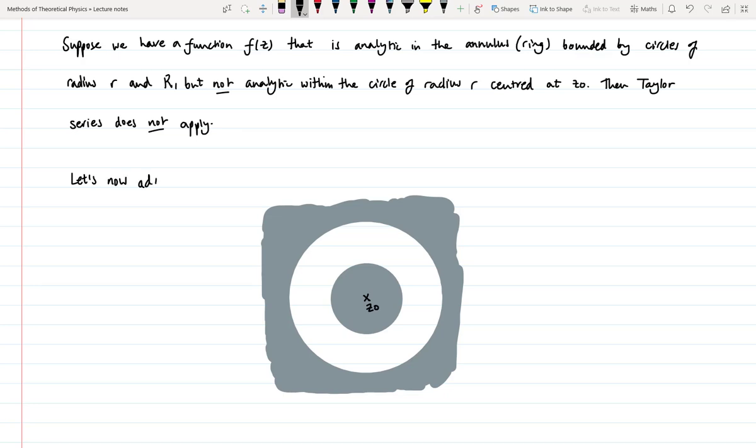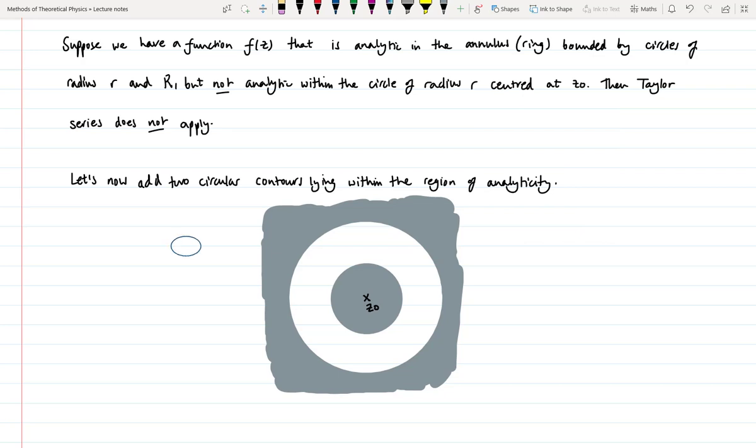add two circular contours that lie within the region of analyticity. I'll make these different colours.